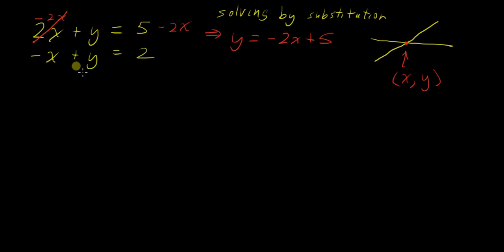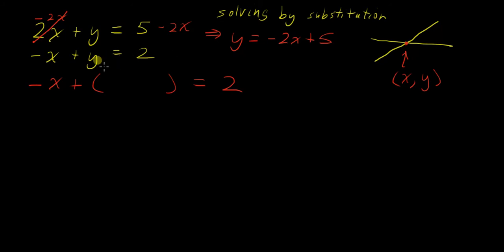And here's what I'm going to do. I'm going to take this second equation here, and where there's a y, I'm just going to open up a space there. So this is just this equation, negative x plus y, which is this, equals 2. But looking at the equation we just solved for y, we can say that this y is the same as this y, because that's the point that we're forcing.